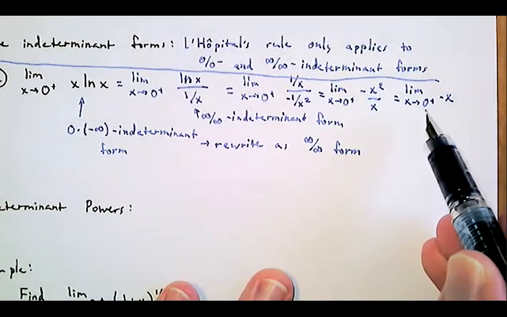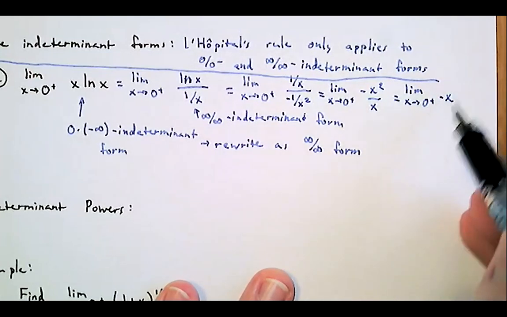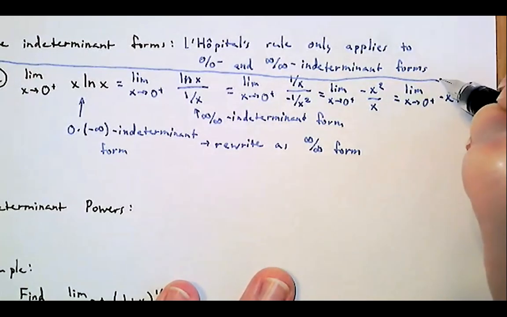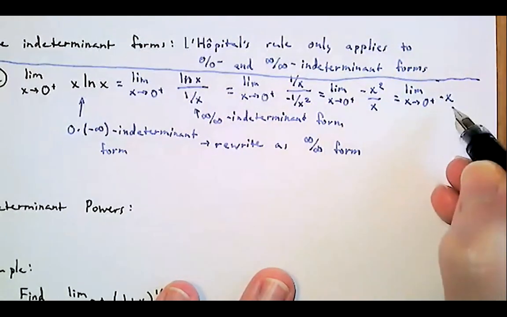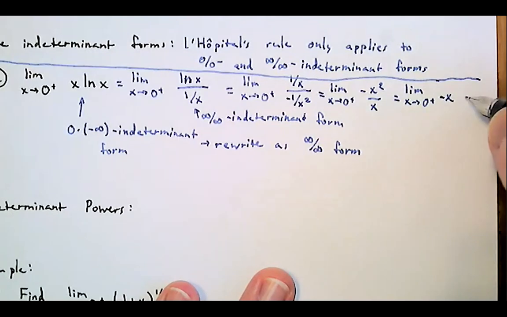And x is going to 0 from the right side, from the positive side, but doesn't matter a whole lot in this particular case, since this is a very simple function, just a line with slope minus 1. So this comes out to 0.